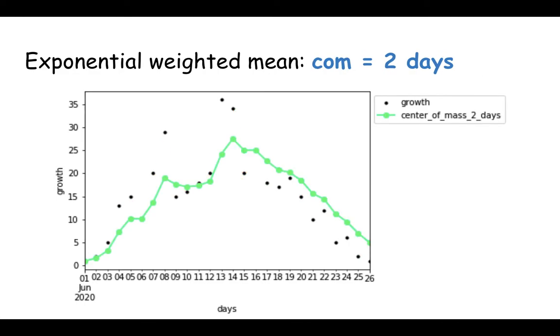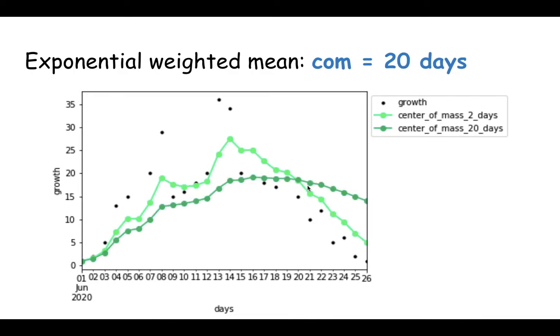And before we end this, I just want to show that if you use the center of mass, again a similar analogy applies. With fewer days, we still have some noise in here, but if you increase the number of days to 20, then the curve that you see is much smoother.